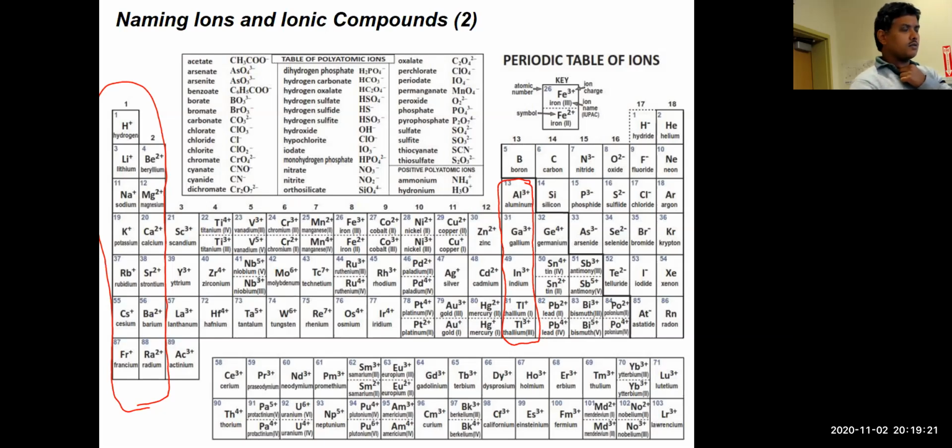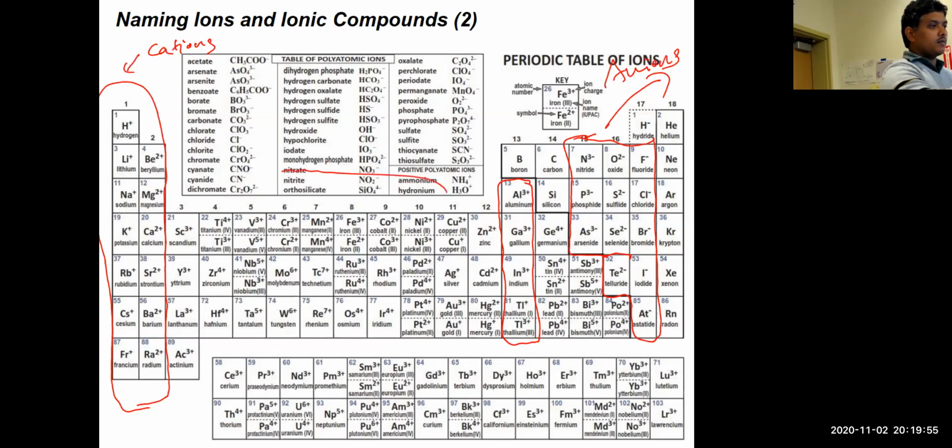And these are reliable non-metals. I think I should include this one too. So you can name them in the form of ide, and these in the form of cations. These are cations, and these are anions.